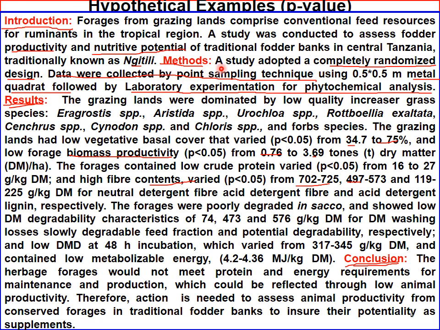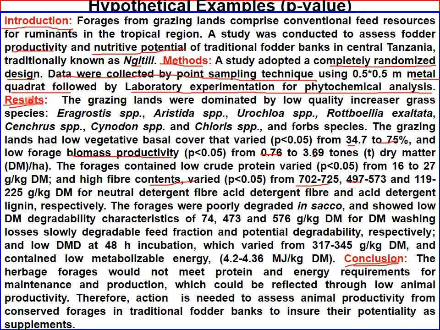As for the methods, the study adopted a complementary randomized design, and data were collected by point sampling techniques using 0.5 meter quadrats, followed by laboratory experimentation for phytochemical analysis.